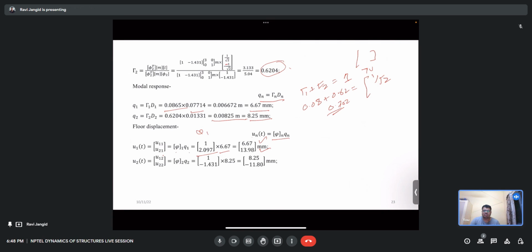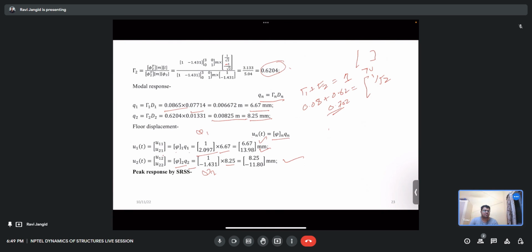Same for U2, that is U12 and U22. So this is phi 2, and this is the displacement 8.25. Now to combine the peak response by the SRSS.